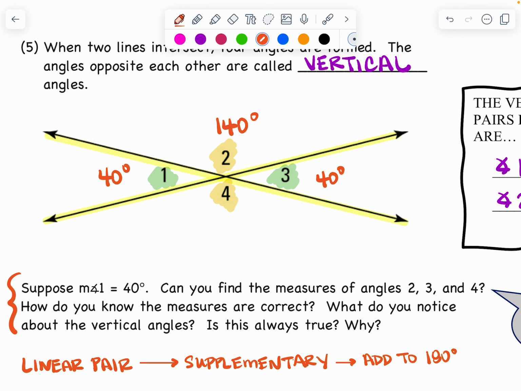And we continue. When I get to angle 4, the cool thing is I can either use the linear pair with angle 3, or the linear pair with angle 1. He forms a linear pair with both of them. Either way, he's a linear pair with a 40-degree angle, which means they're supplementary, which means they have to add up to 180, which means his measure must also be 140.